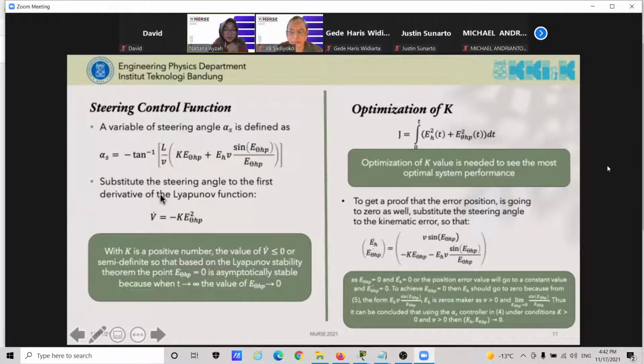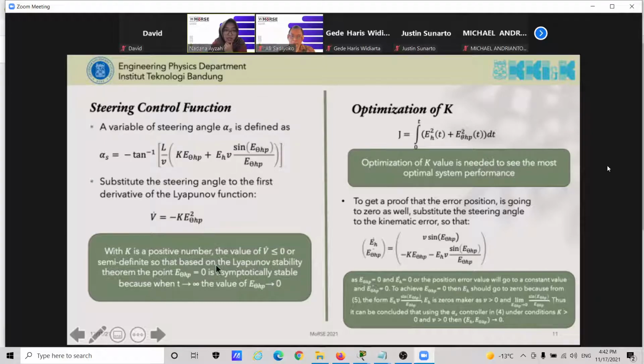into the derivative of the Lyapunov function in the previous slide, we get V dot as minus k times the error of orientation squared. You can see it contains k, which can be any positive number. This means that the value of V dot is less than zero, or negative semi-definite.